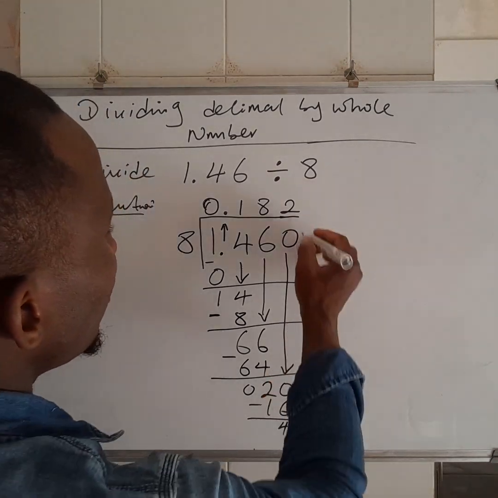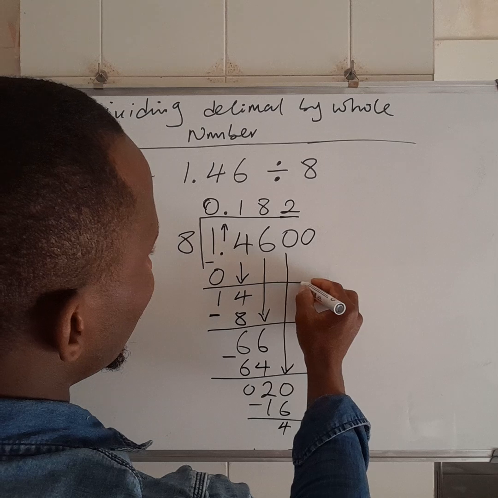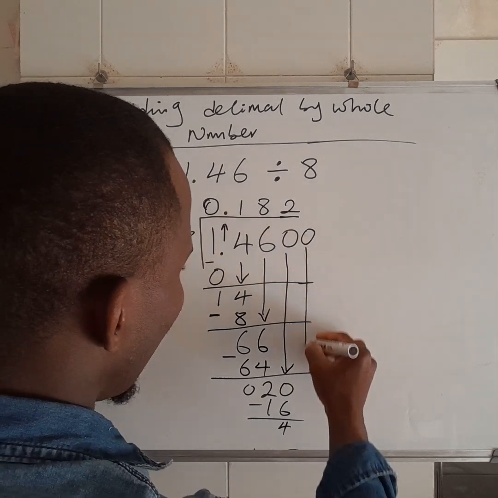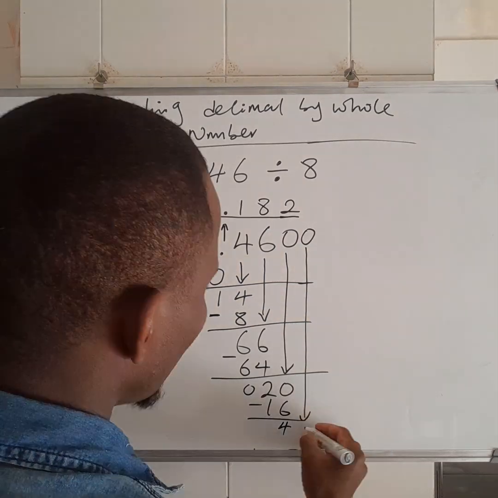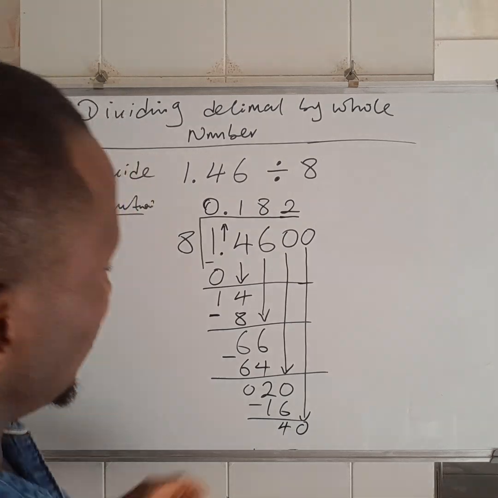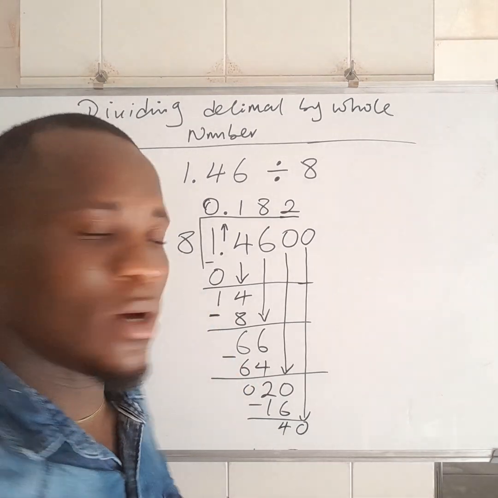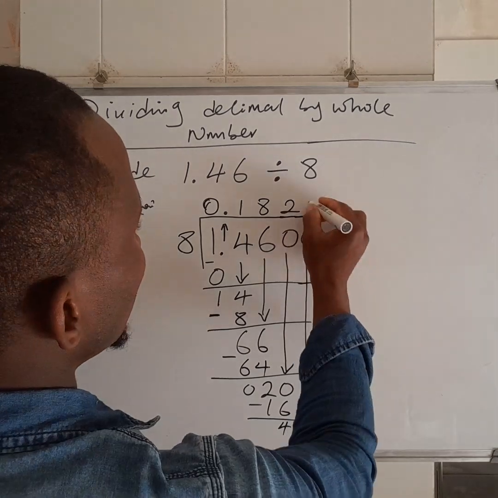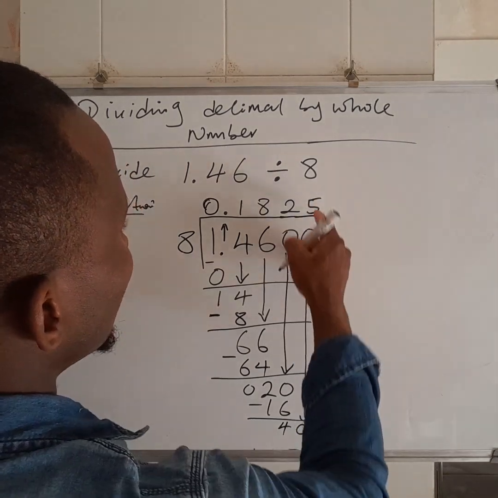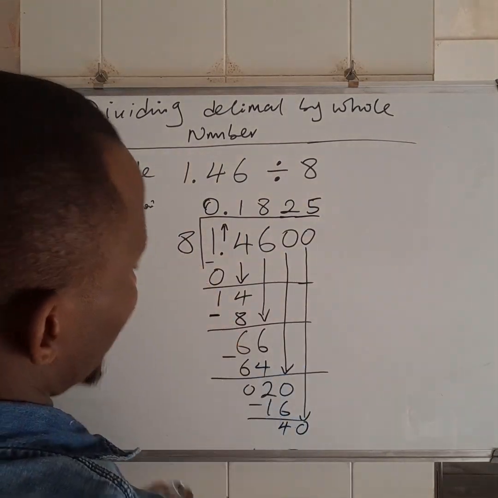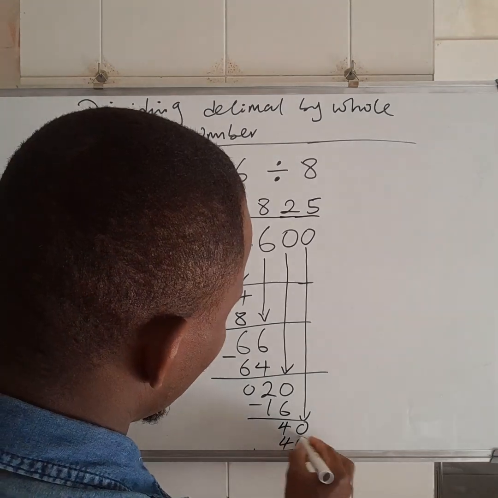Okay, so what you will do, you add another 0. All right, you bring it down. So this becomes 40. So how many times does 8 go into 40? It is 5 times. All right, so you have 5. 5 times 8, you have 40.